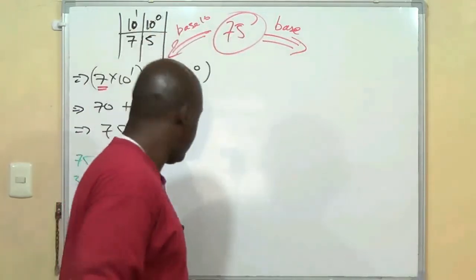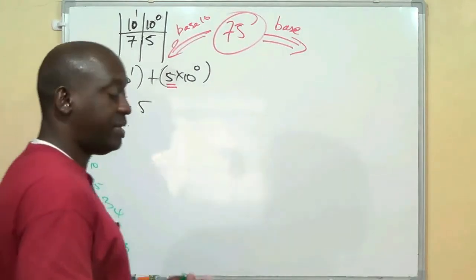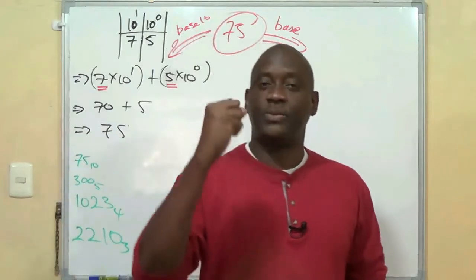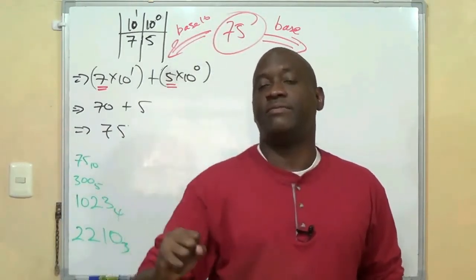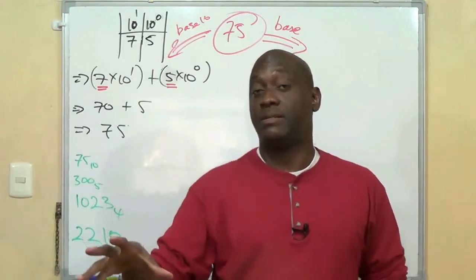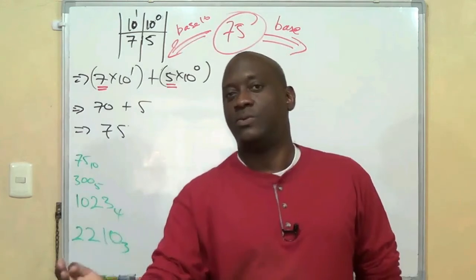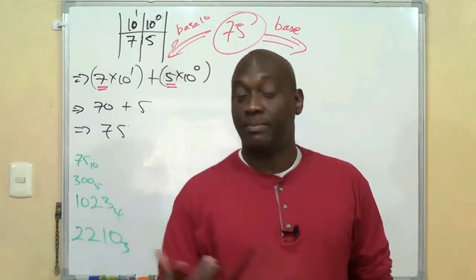So if we're talking about base 2, we're representing the quantity 75. Remember, there's a difference between a quantity and a number. 75 is 75 in any base. What would change depending on the base is the manner in which the 75 appears.